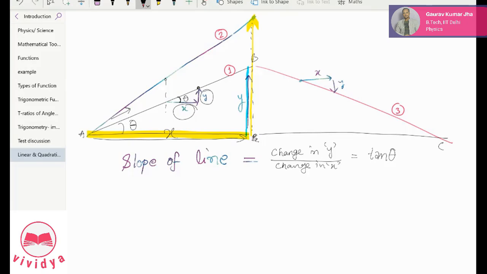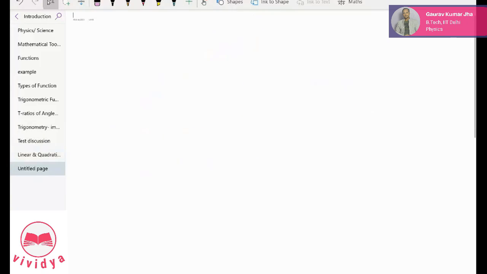So to summarize everything, we still have a few minutes. So let us summarize. Straight line.